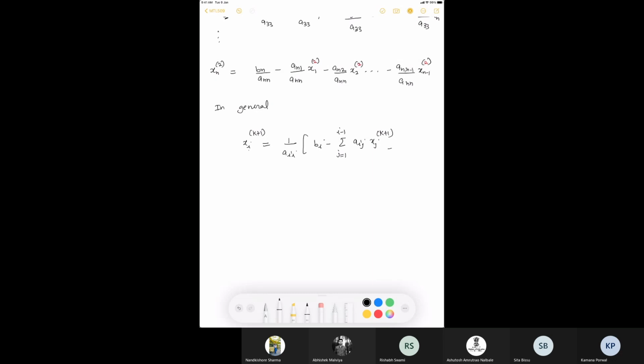And all the terms from i plus 1 to n are going to be from the previous iterate. This is for each component i, where i varies from 1 to n. So this is the Gauss-Seidel method.